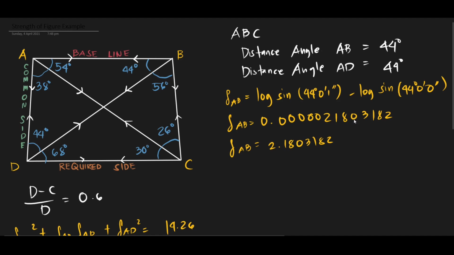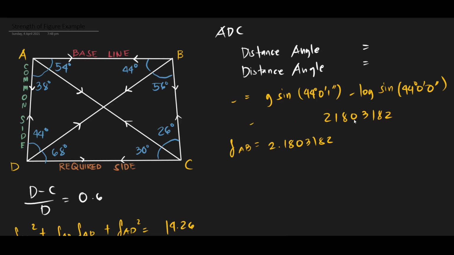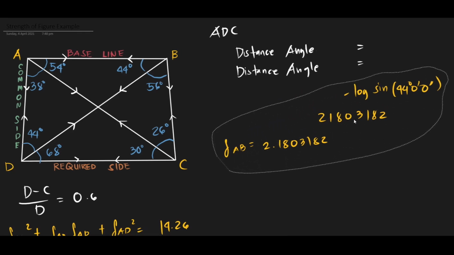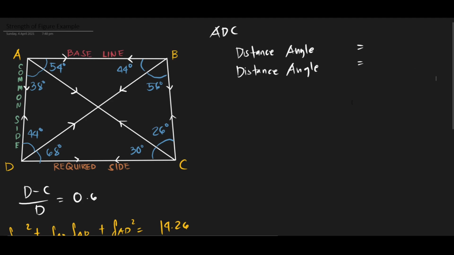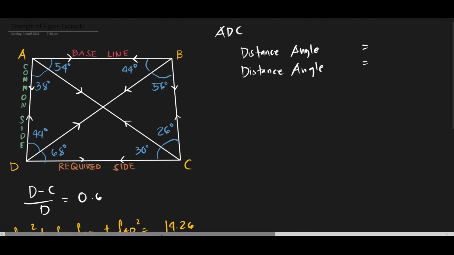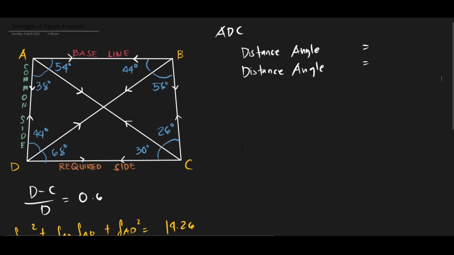Okay, so let's do another one. Let's do for triangle ADC, right? So let's do triangle ADC. What are the distance angles that we'll be using here? Distance angles that we'll be using are AD again.